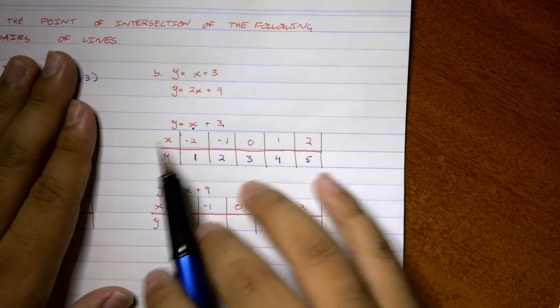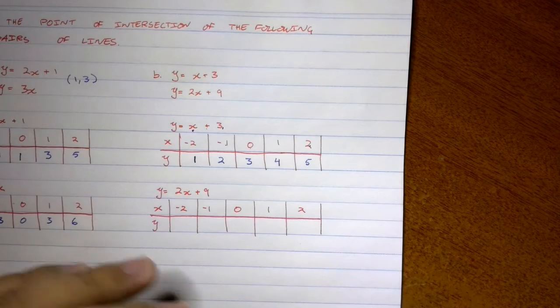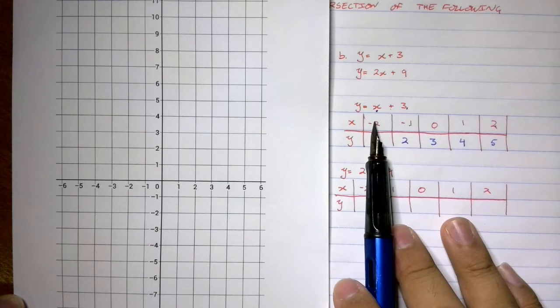Let's substitute these values now, just to make it a little bit easier for us later. We have -2, 1.